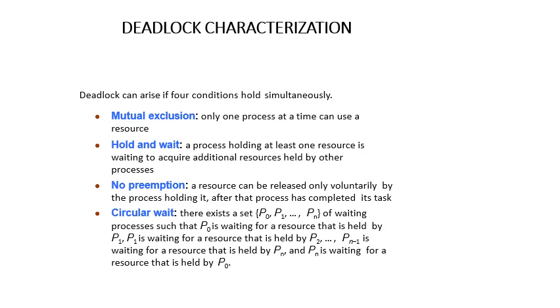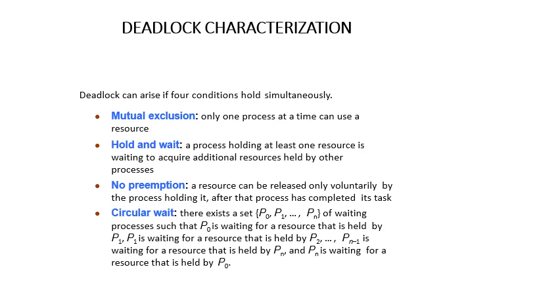And next is no preemption. Now, what is the meaning of preemption? Suppose a process is being executed by the CPU, and in the meanwhile a different process arrives which has the highest priority.